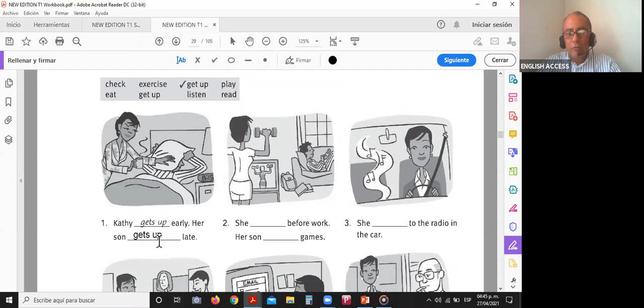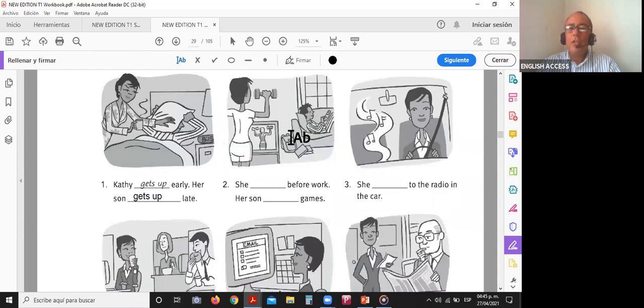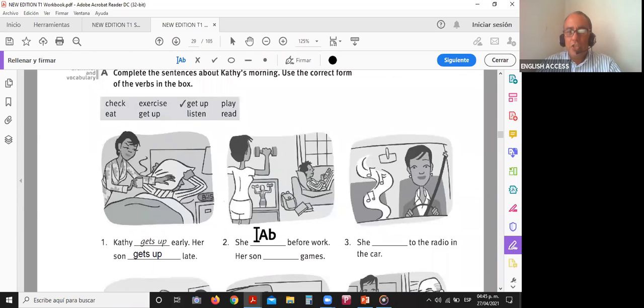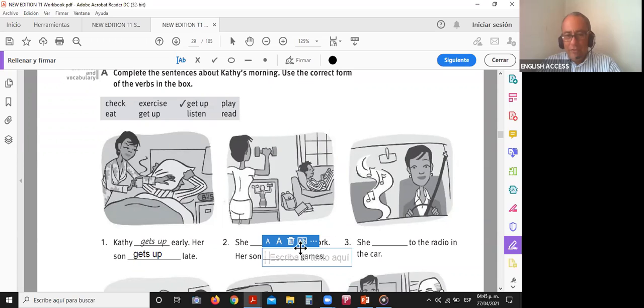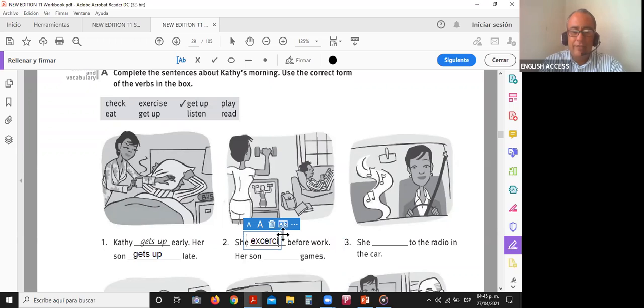And that's the end because we changed the verb. In number two, she exercises, adding the S. Her son, what is the activity of her son? She exercises, adding the S at the end of the verb.